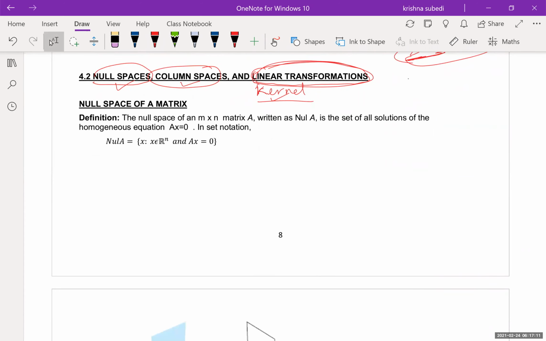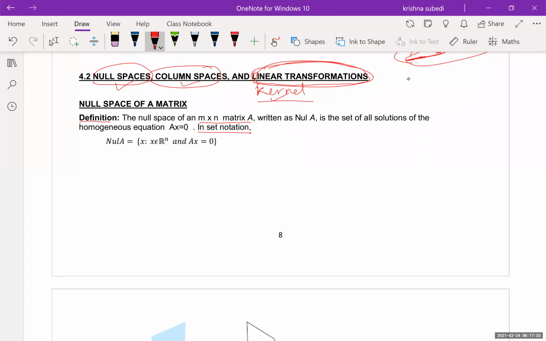Now, first of all, what is null space? Okay, here is the definition. The null space of an M by N matrix A, written as Null A, is the set of all solutions of the homogeneous equation AX equals 0.